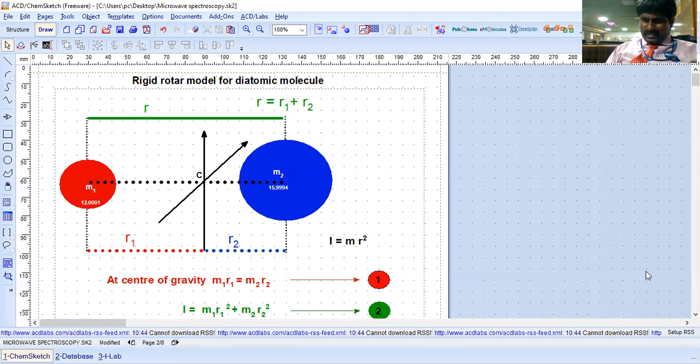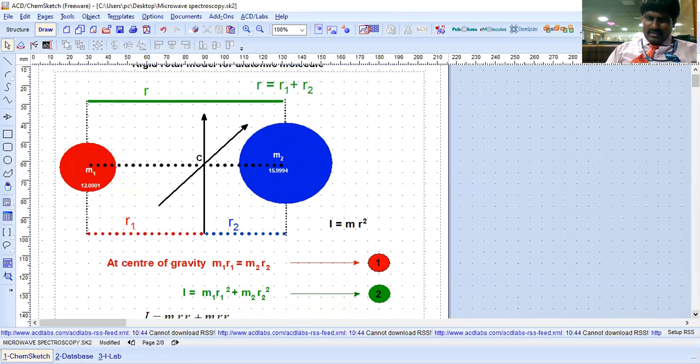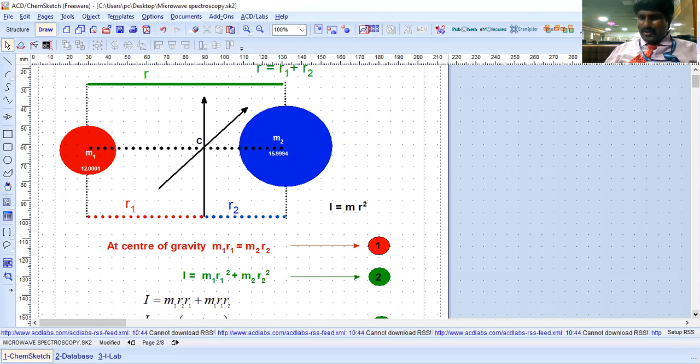Now, as we have discussed, at the center of gravity M1 R1 is equal to M2 R2. And now the moment of inertia of the entire molecule, I, is equal to M1 R1 square plus M2 R2 square. We know the formula for moment of inertia: moment of inertia equals m r square.